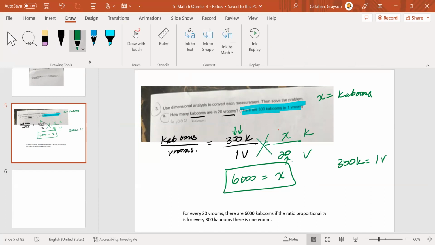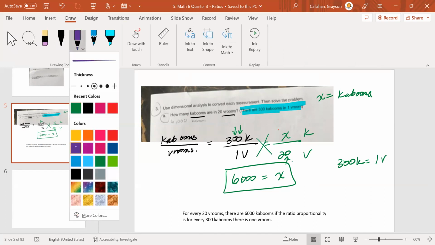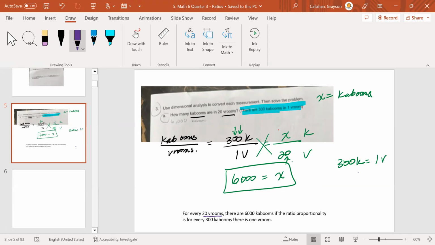So obviously kabooms are a lot more. Here it's saying 20 rooms, so 20 rooms, how many kabooms? Well, 300 equals 1. If you have 20, then it's 300 times 20, right? Which is 6,000. So it checks. Do you see that? Okay, so that's your first question.